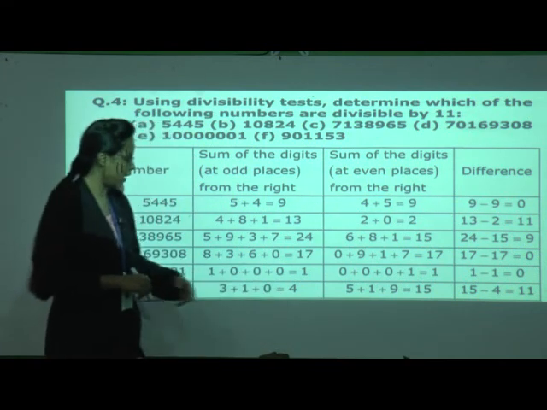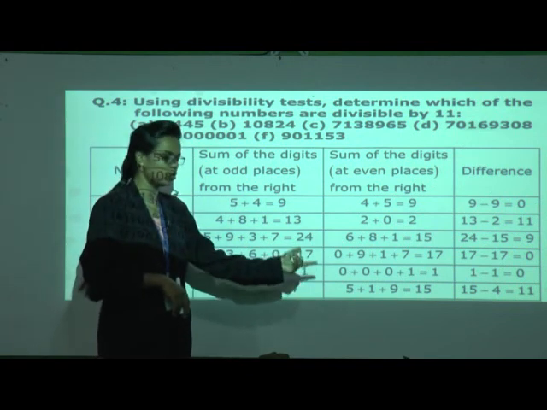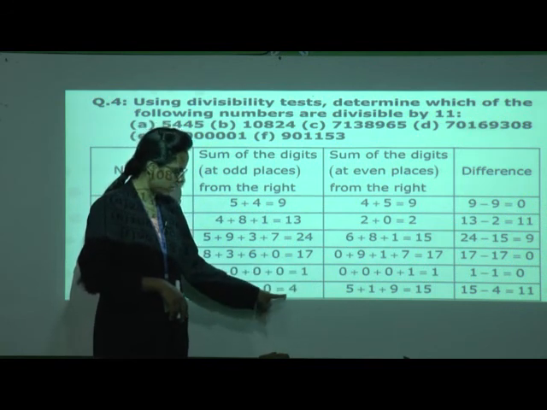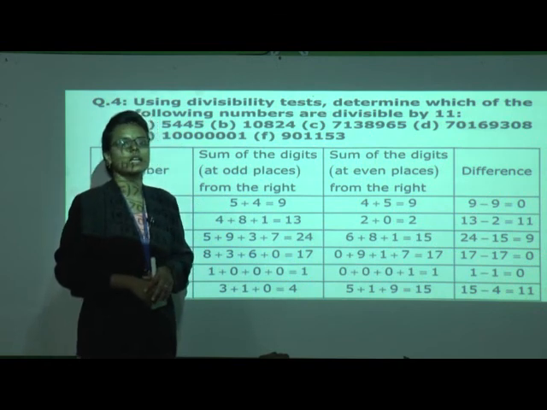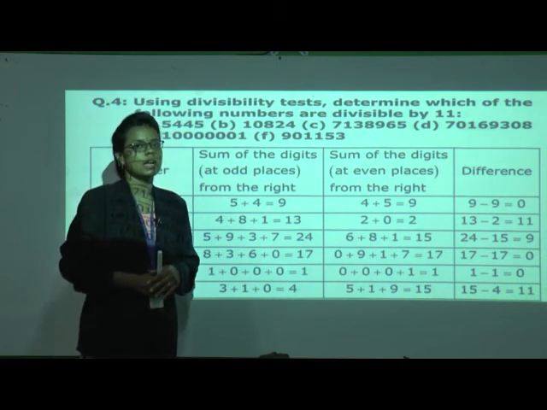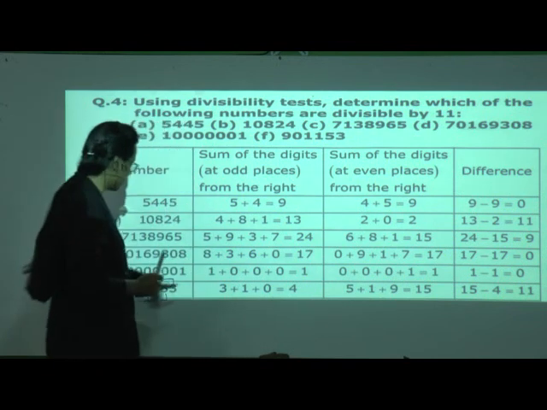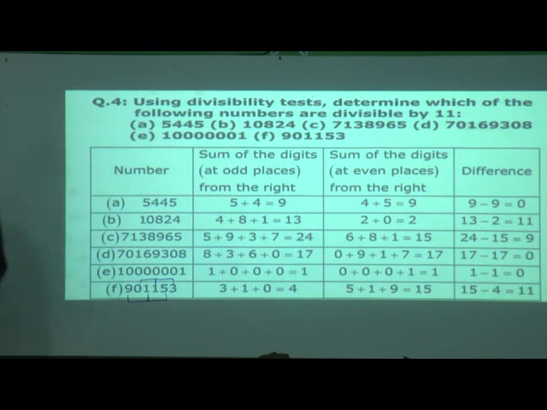Again we have to do odd minus even. The number is small here, so we can do 15 minus 4, and we get 11. 11 is divisible by 11, so the number is divisible by 11.